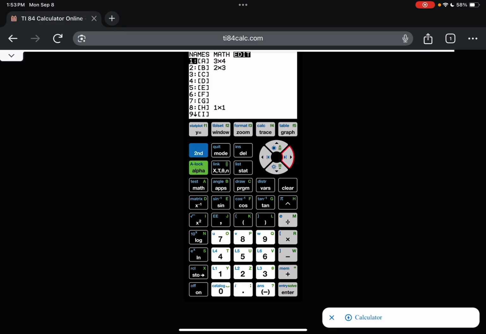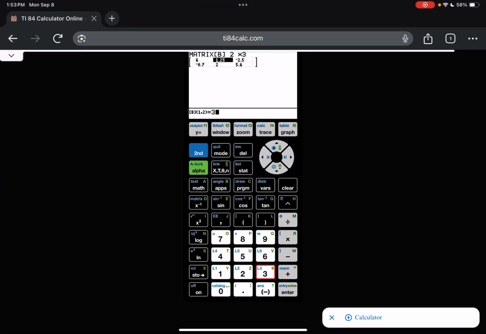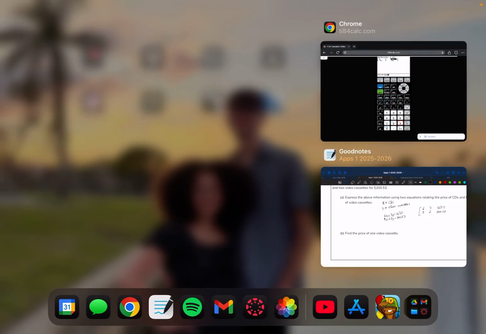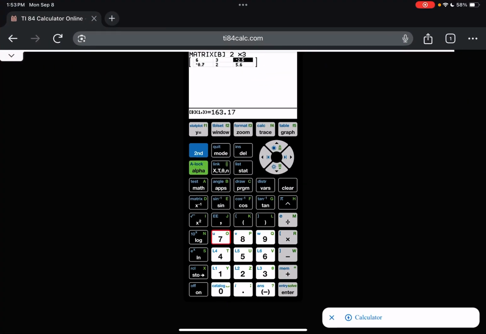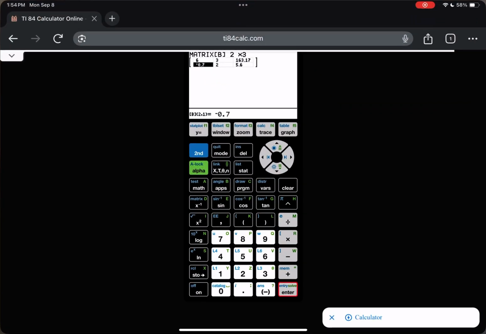So matrix, we'll edit, we'll use B because it's the right size. And then we'll say 6, 3, 163.17. Looking at the second row, it's 9, 2, 200.53.